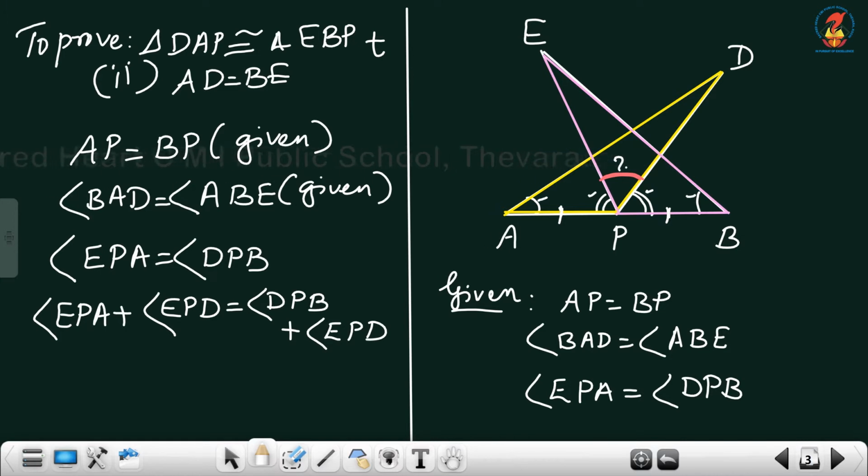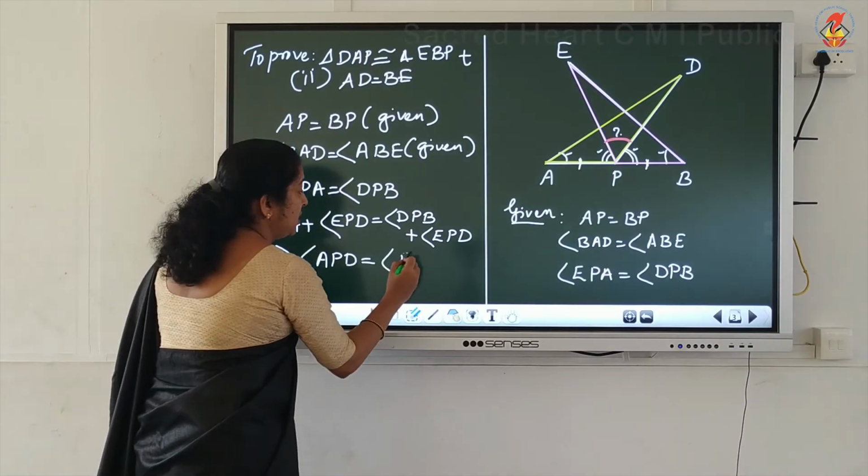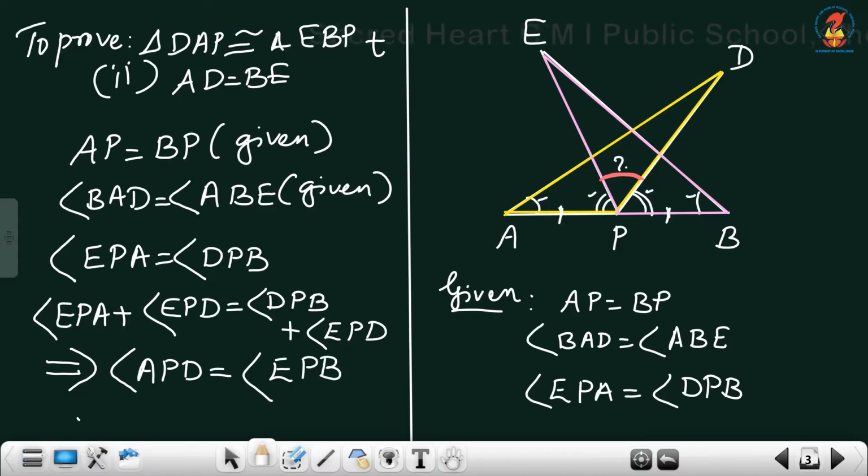Angle EPA plus EPD will give angle APD. This implies angle APD is equal to DPB plus this, which gives angle EPB.